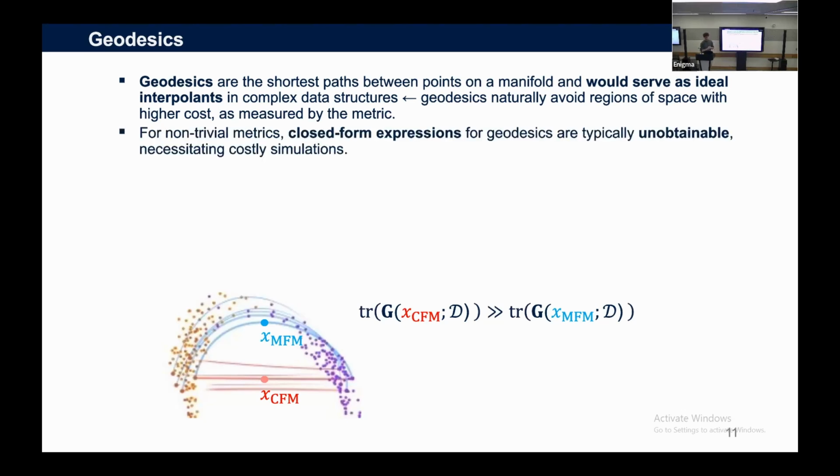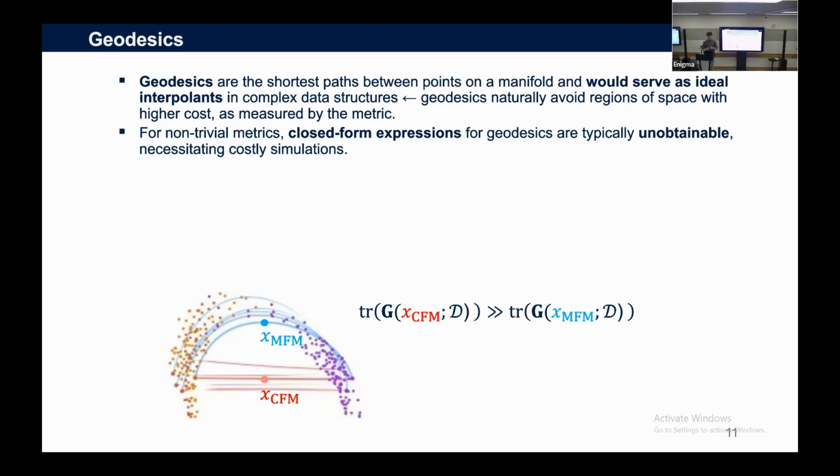But the problem, of course, is that except for very homogeneous, nice spaces, geodesics don't have a closed-form expression. If you define an arbitrary metric in the ambient space, you don't know what the geodesics are. The only way to compute them is by solving a nonlinear second-order system, the Euler-Lagrange equations associated with the length functional.